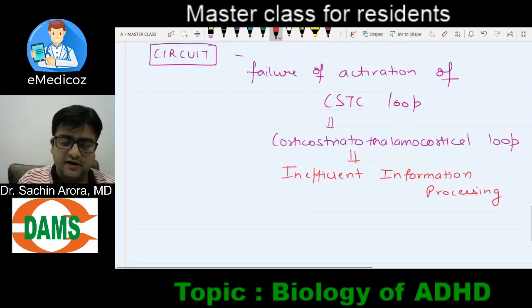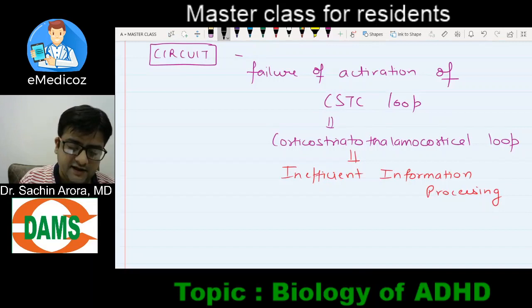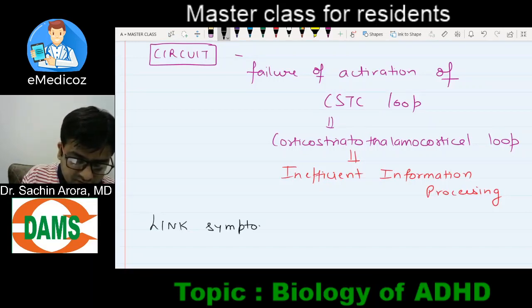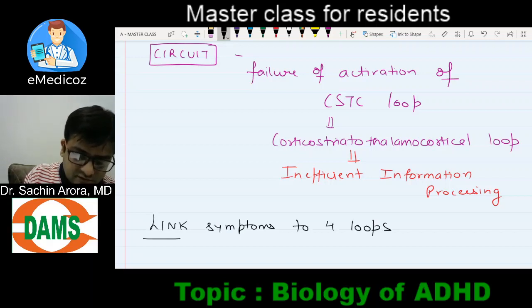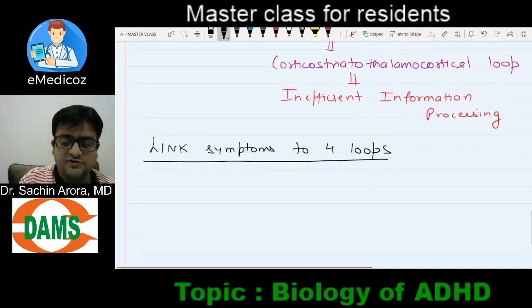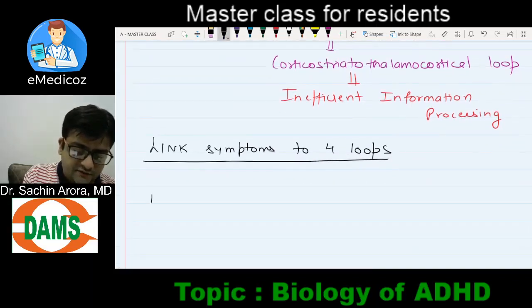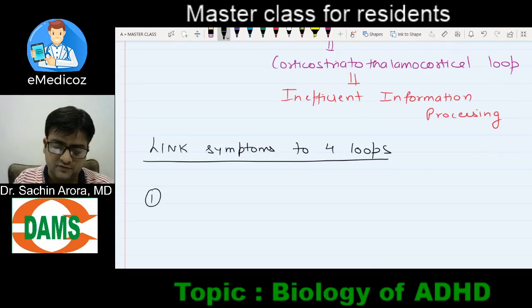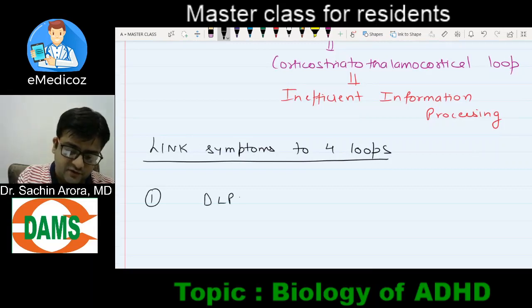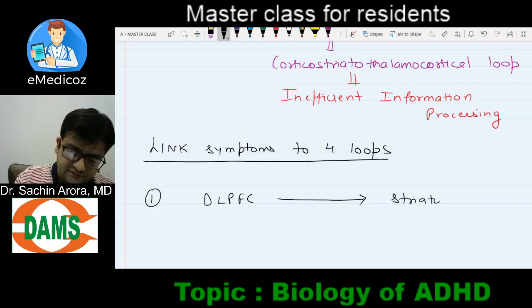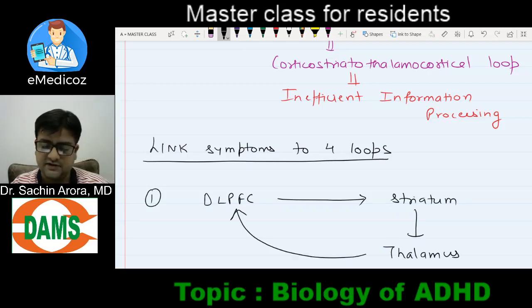In order to understand, we can link the symptoms to the four loops based on the four areas we mentioned. For example, the first loop starts from the dorsolateral prefrontal cortex, goes to the striatum, goes to the thalamus, and back to the cortex.